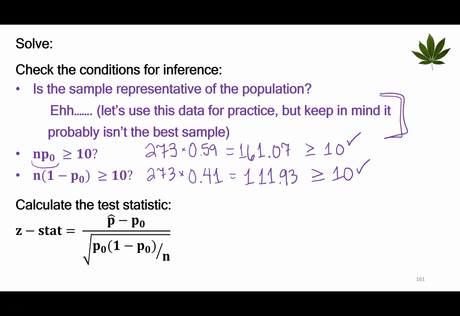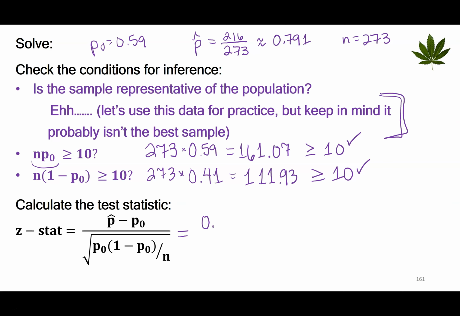So then, calculating my test statistic, things to note: p naught is 0.59. p hat is 216 divided by 273, rounding, it's about 0.791. Then n, that's just how many were in the sample total, 273. So now I have everything I need to plug in.